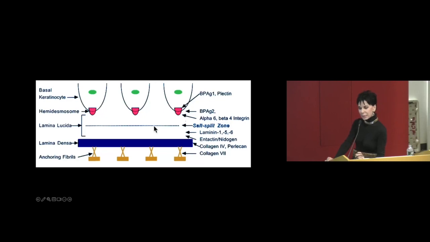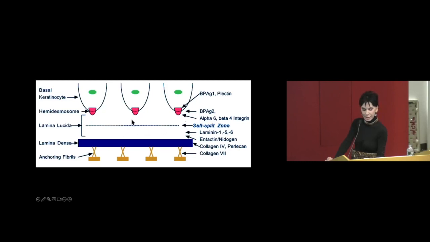And that split will lead to the localization of antigens above the salt split versus those antigenic targets below the salt split skin zone. So in bullous pemphigoid, the antigenic epitopes that are implicated, which is BP antigen 1, which is purely intracellular, localized to the hemidesmosomes, is above the salt split skin zone, and also the BP antigen 2, the extramembranous non-collagenous domain, which is here, is also above the salt split skin zone.